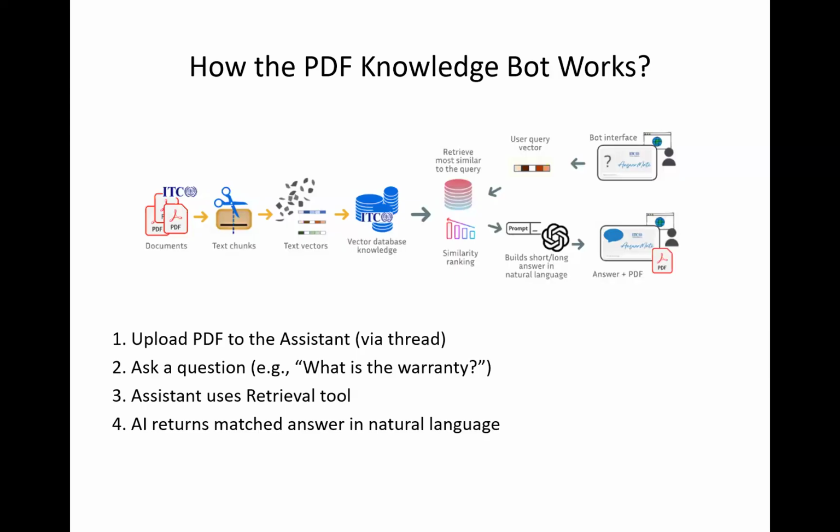That's the meaning of PDF knowledge bot. How it works: I upload one document, or multiple documents, and it keeps them in one thread. That's the core concept of OpenAI: it maintains multiple threads too. That's the plus point. For example, I applied for insurance, ICICI insurance.